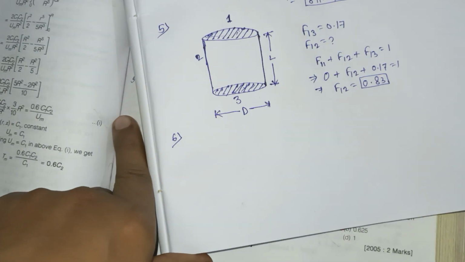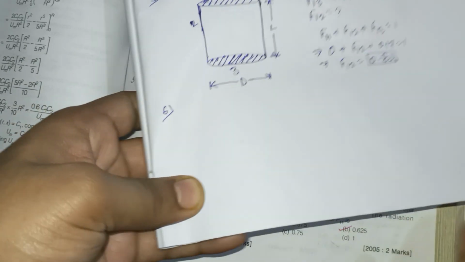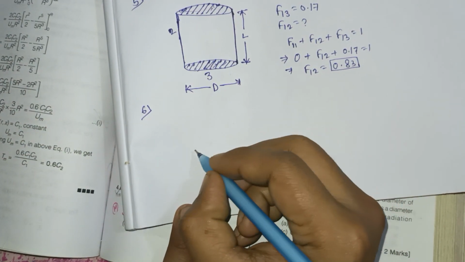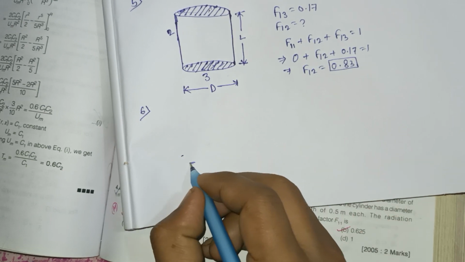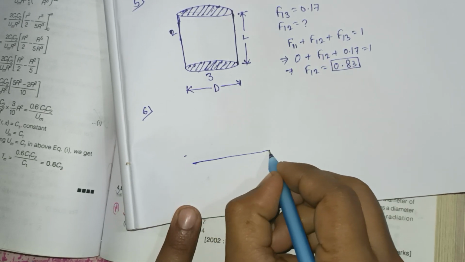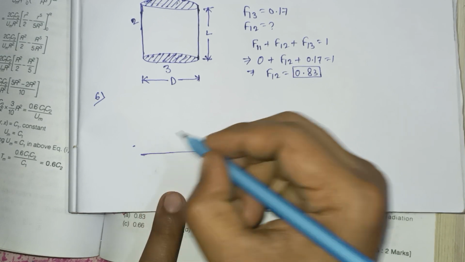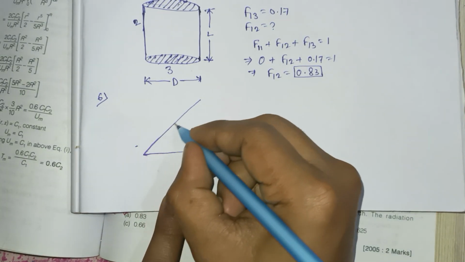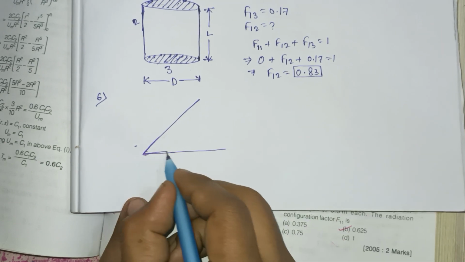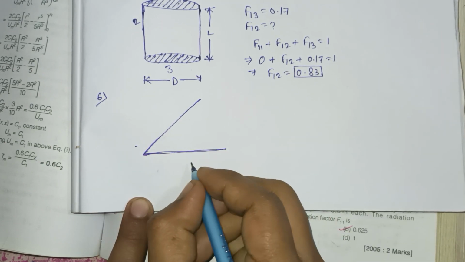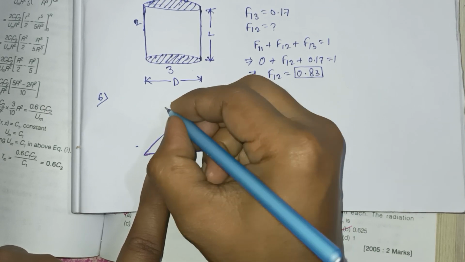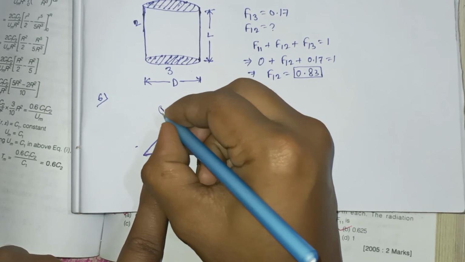So suppose, what is given in this question. Here there are two plates. This is one plate and this is another plate. This is plate number 1, and this is 2.